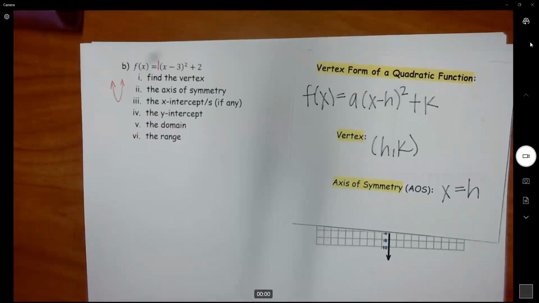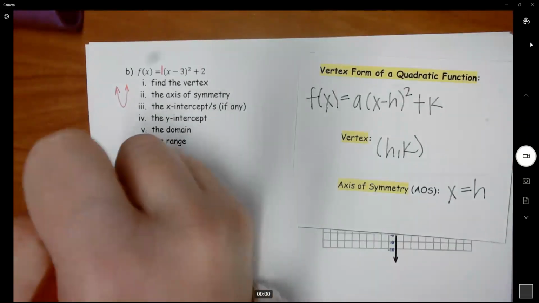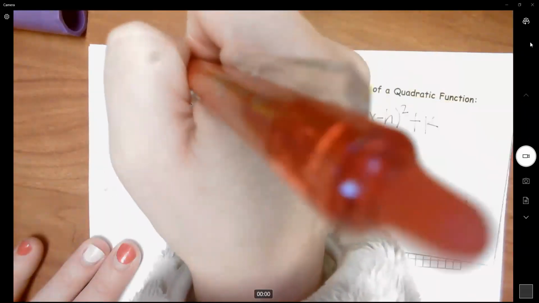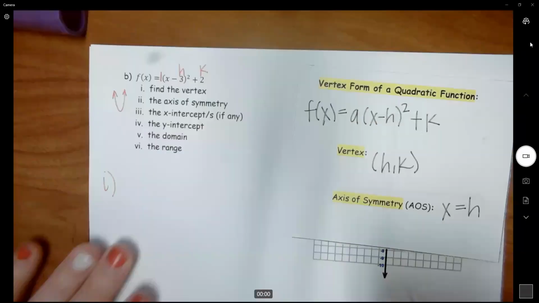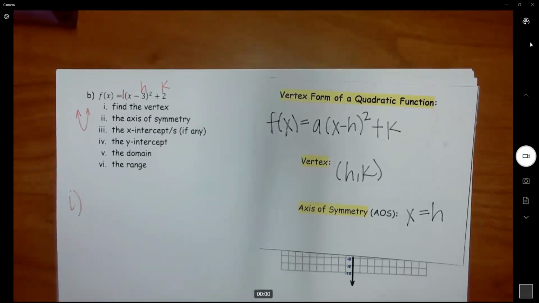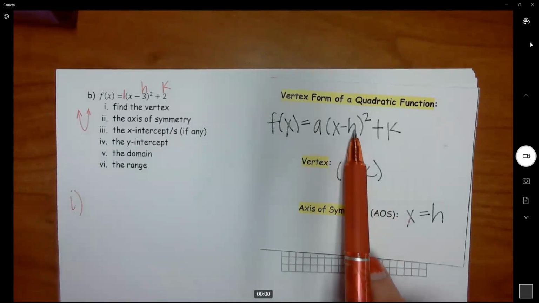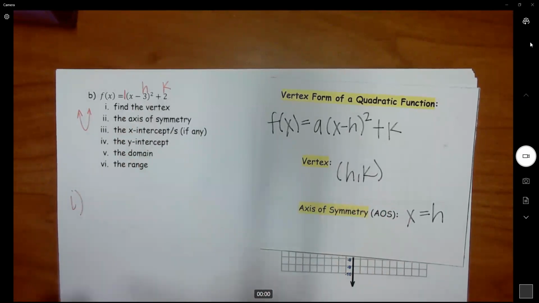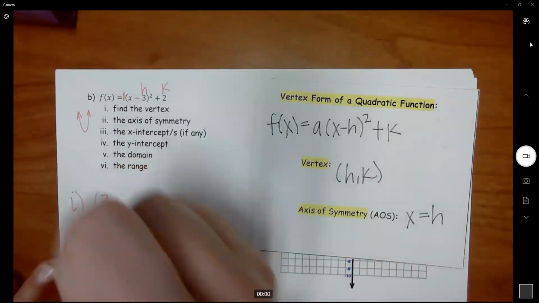All right, so the first part is to find the vertex. Here is my H, and here is my K. You have minus H here, which becomes a plus H here. So this minus 3 becomes a positive 3.